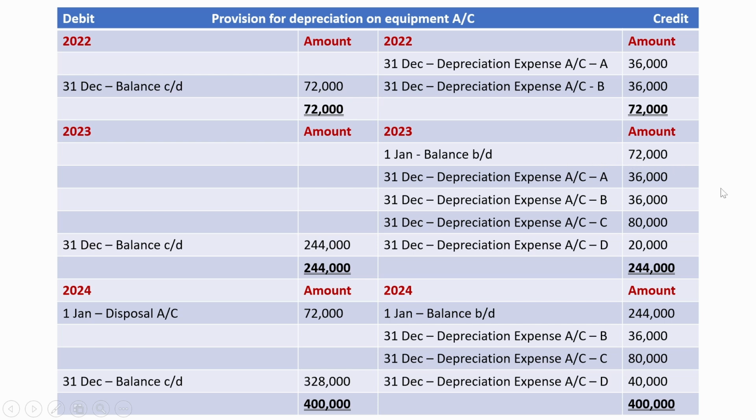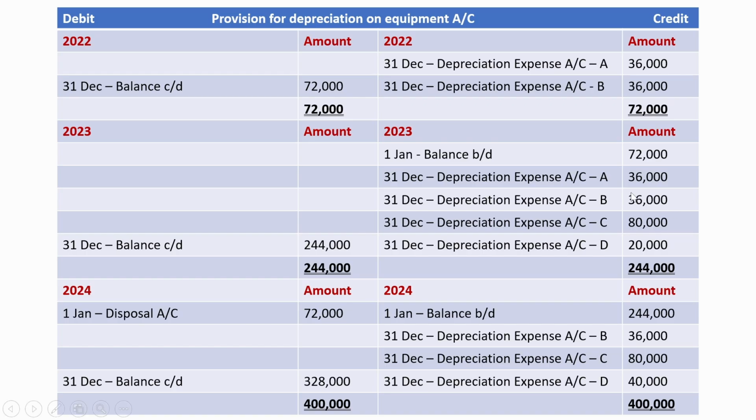So during the current year, which is 2023, this is why it gets a bit complicated, because you are supposed to provide depreciation for each asset you have. Remember, in the previous year you purchased A and B, and then in the current year you have added two more, C and D. You are going to provide depreciation for the current year for each asset that you have.